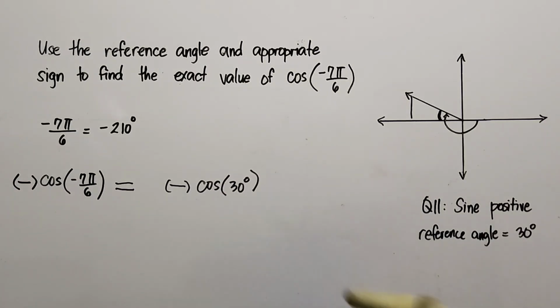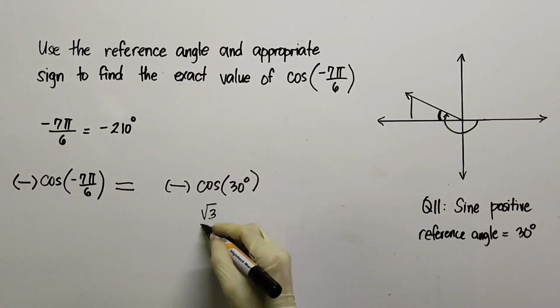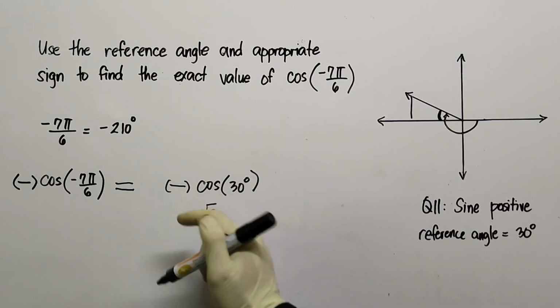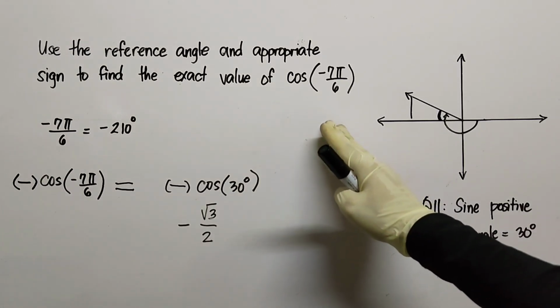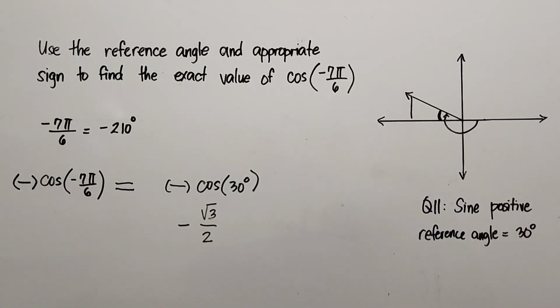So what is cos 30 degrees? Square root of 3 over 2. And since this is negative, therefore, the exact value in this problem is negative square root of 3 over 2.